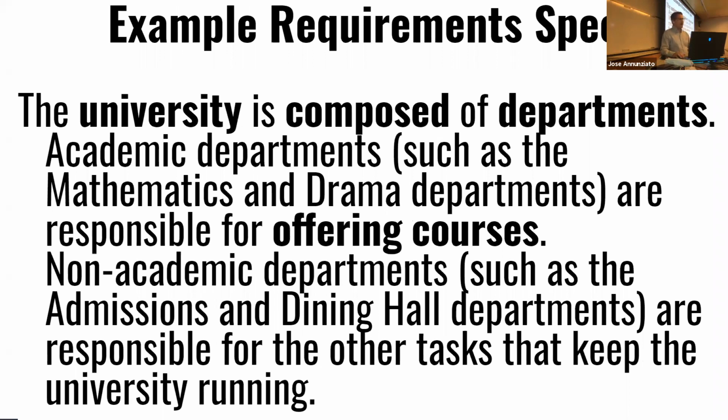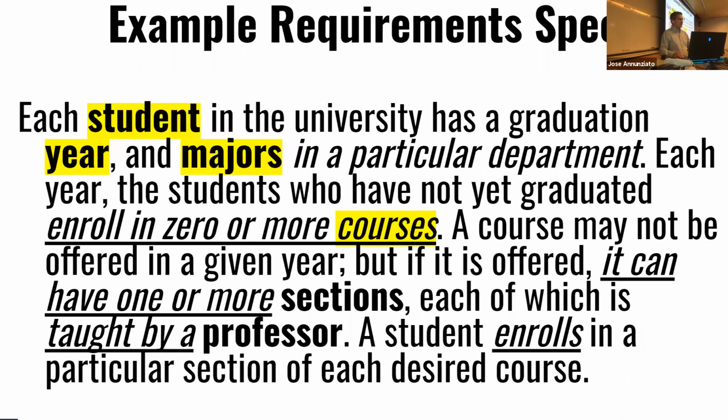So here's an example of taking the description of the university as composed of multiple departments and offering a whole bunch of courses. This might be the result of having interviewed a dean, or faculty. Students graduate every year, they have a particular major, they enroll in a whole bunch of courses, and courses have a whole bunch of sections.